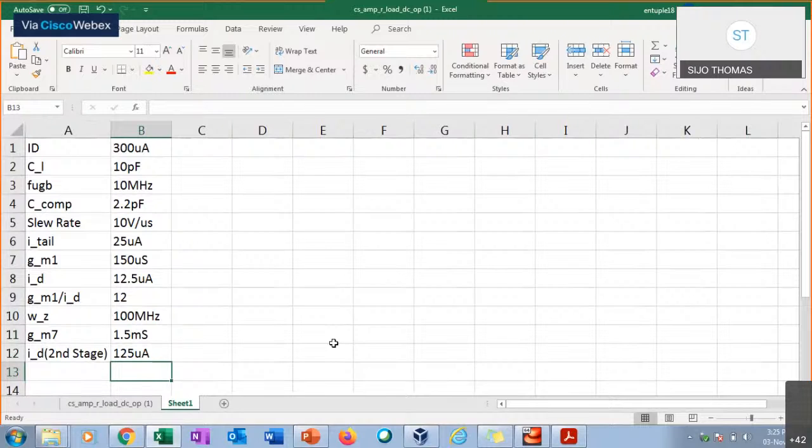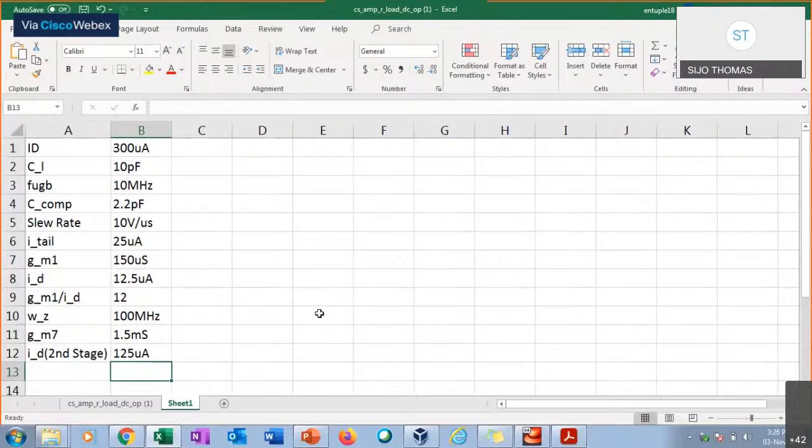Now the aim is, here also we are keeping the L as minimum, in order to get maximum bandwidth. And now we can find what is the W value from the current density versus GM by ID curve, which we already generated from the MOS characterization.